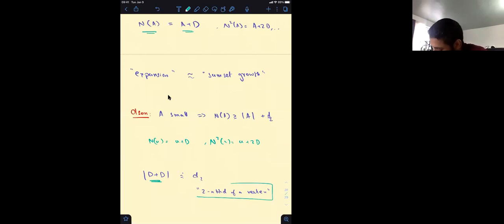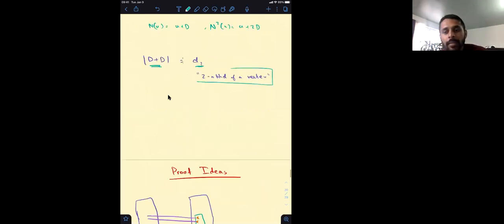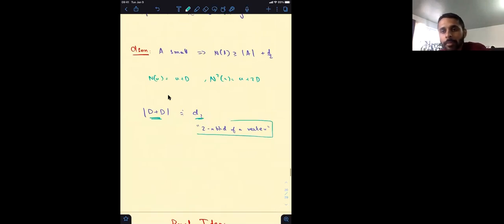Let's call that D sub 2. This is just some basic notation for the proof ideas. Are there any questions before we move on to the proof ideas? This is a good place to start.